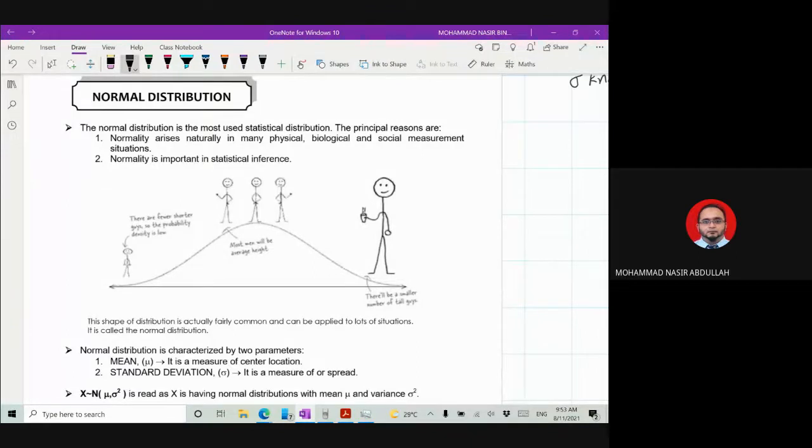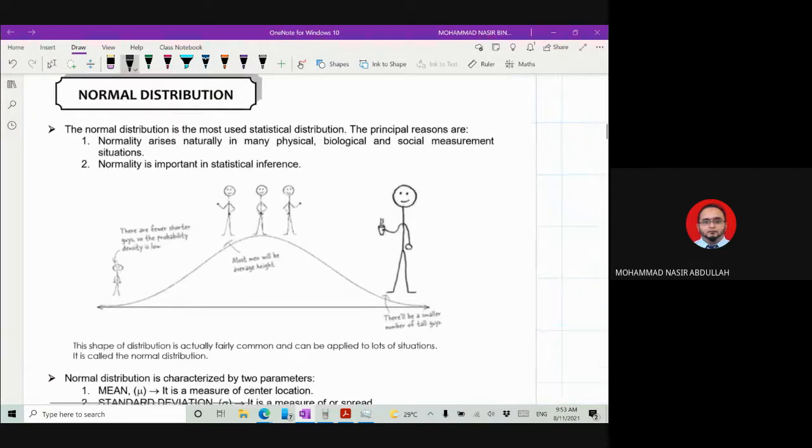So let's look at the normal distribution. The normal distribution is the most used statistical distribution. The principal reason is that normality arises naturally in many physical, biological, and social measurement situations. In fact, in medical and clinical conditions also, we are using the normal distribution.